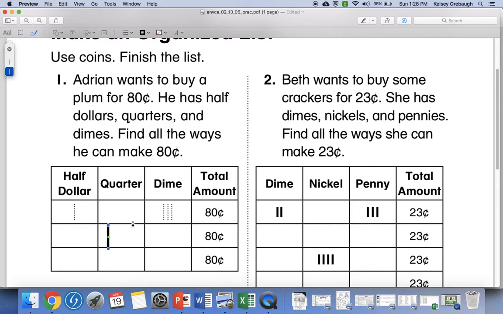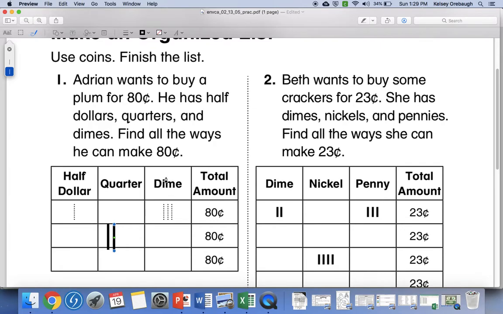A quarter is worth 25 cents. Okay? If I add another quarter, that's another 25 cents. That puts me at 50 cents. 25 plus 25 is 50. Okay? Since I'm at 50, I know that I can keep skip counting by tens to get to 80. 50, skip count with me by tens, 60, 70, 80.